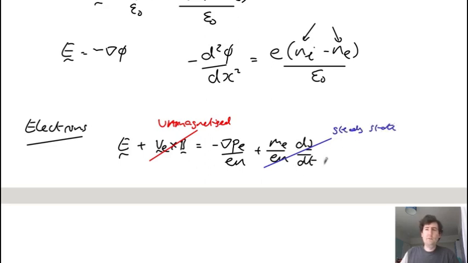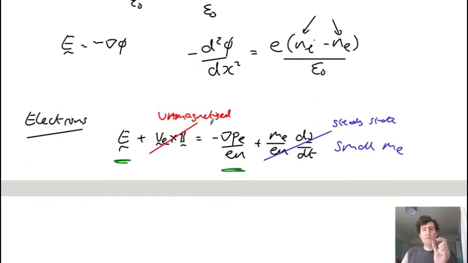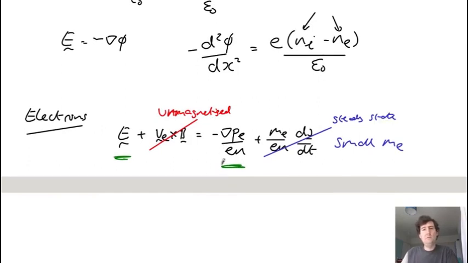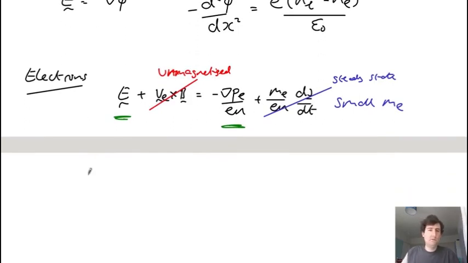And the advection components of this we can get rid of, essentially just assuming the electron mass is small. And so we just have a balance between the electric field and the electron pressure. And because we're at such a thin layer, we assume that Te is constant.